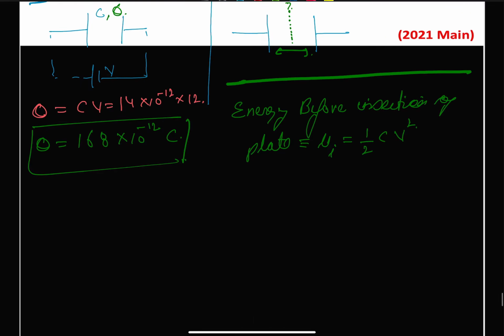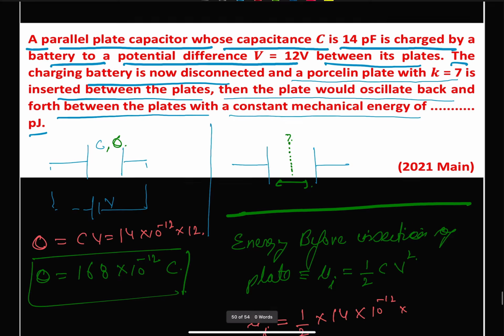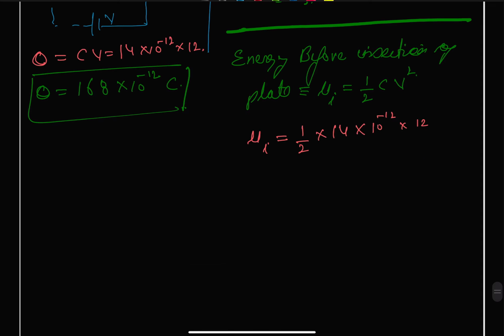We can say our U I will be equal to half into 14 into 10 to the power minus 12, and voltage is 12, so 12 whole square. So we get our initial energy will be equal to 1008 into 10 to the power minus 12 joules. So this is the energy before insertion of the plate.